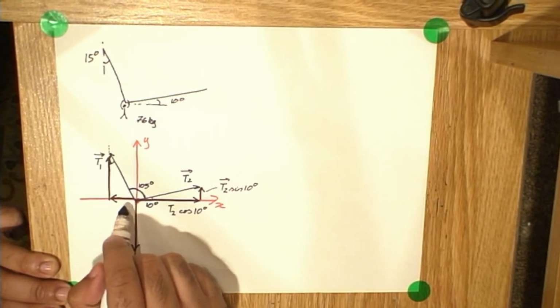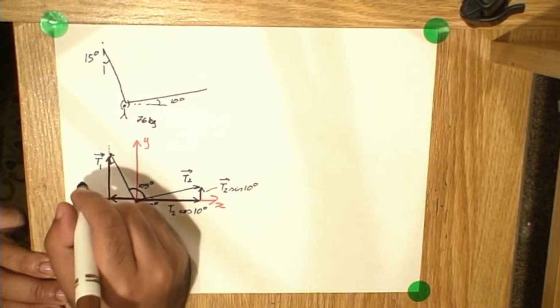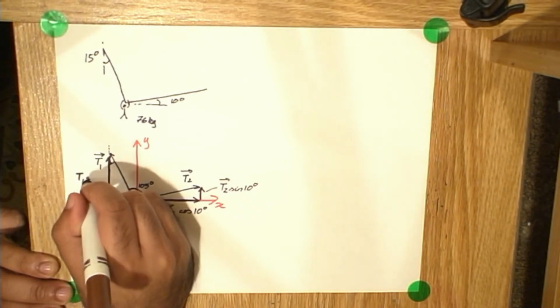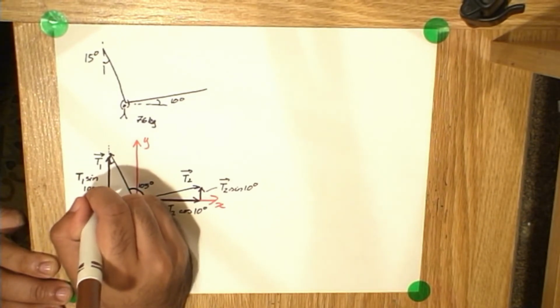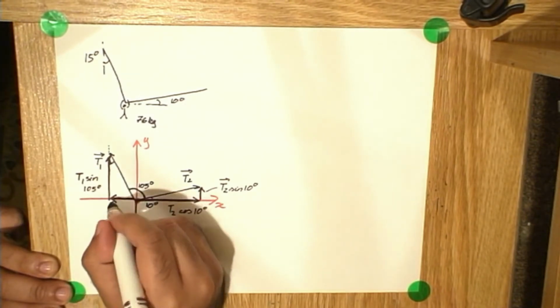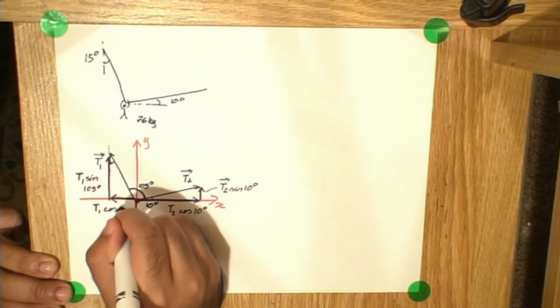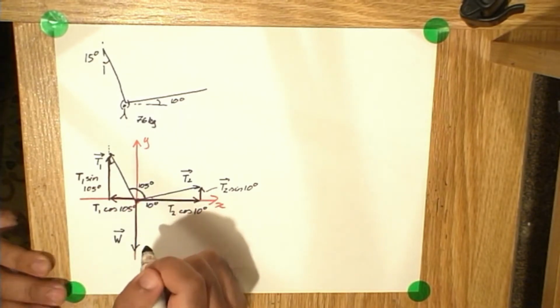On the other side, this over here now becomes the opposite side of the 105-degree angle, so this becomes T1 sine of 105 degrees. And this side over here now becomes the adjacent side of the 105-degree angle. So this is T1 cos 105 degrees.